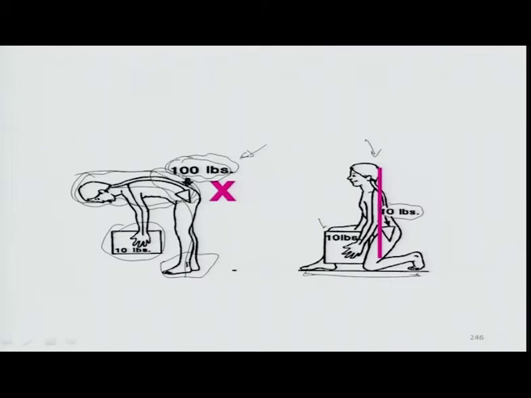There is very little chance of toppling, and so there is no reverse torque in this position, and it makes life easier for this human being to lift a 10 lb weight in comparison to the stooping position.